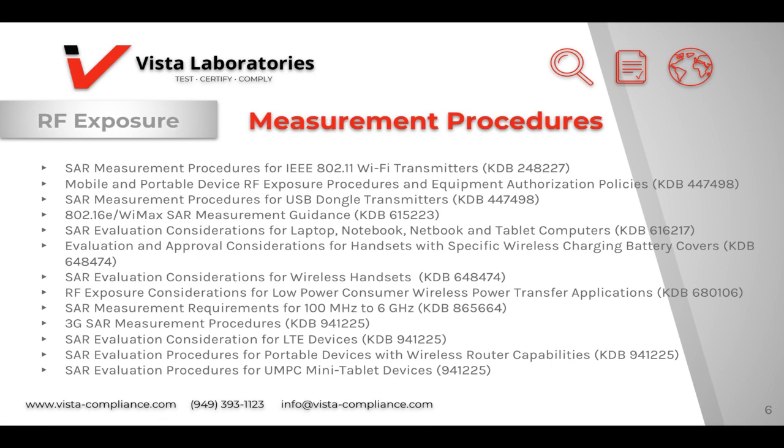These documents listed here are prepared by the FCC and are intended to provide guidance on measurements and procedures for RF exposure. There are other measurement procedures that can be accepted, but these have been found to be acceptable by the FCC for compliance testing, and they often update these documents or provide new documents to provide more information and guidance on how to test devices subject to their rules.